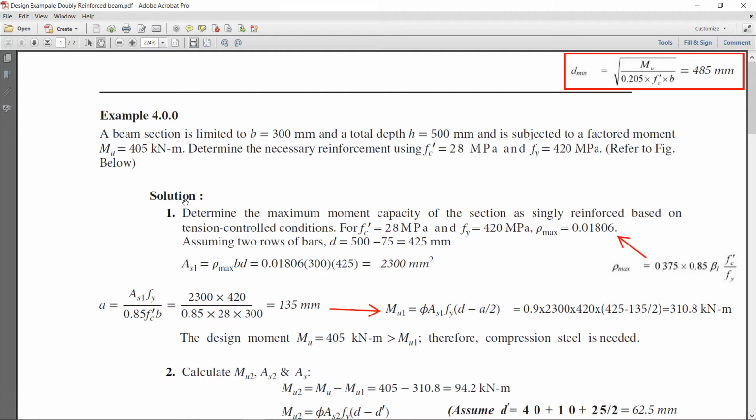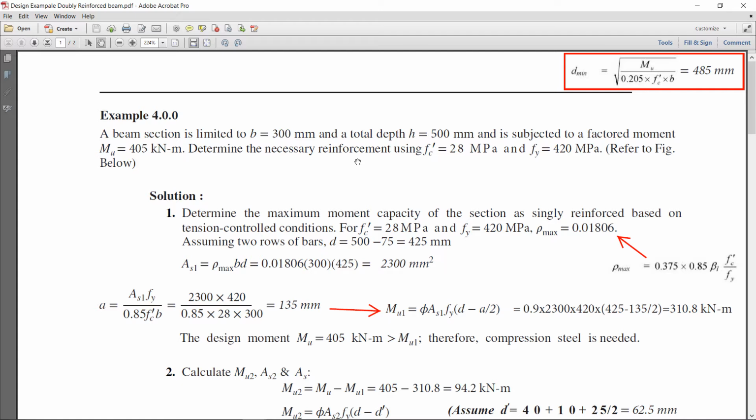Solution. Before starting the solution, I have calculated the d minimum as per a singly reinforced beam. For this section, according to this moment, I have put the value of moment, width of the section, and fc prime. I got the value of d minimum, that is 485 millimeter. This means this section has a depth less than this.